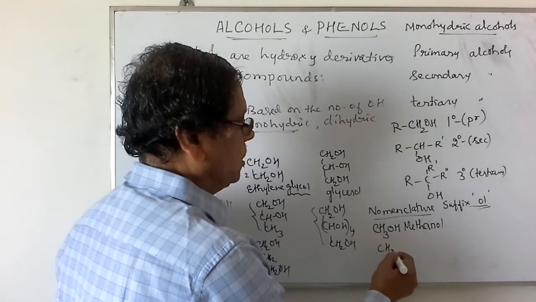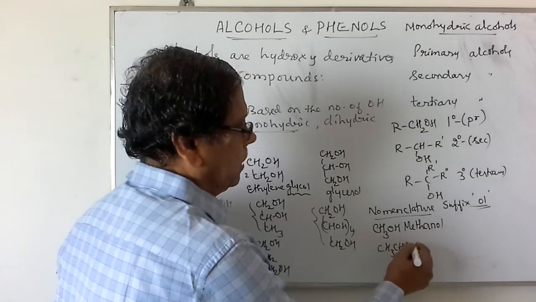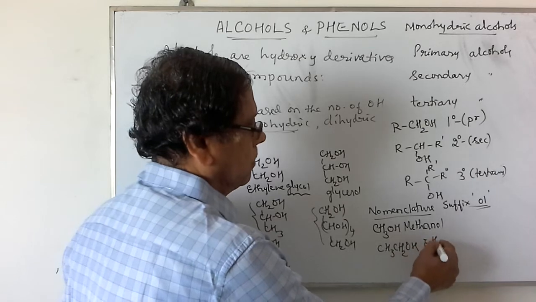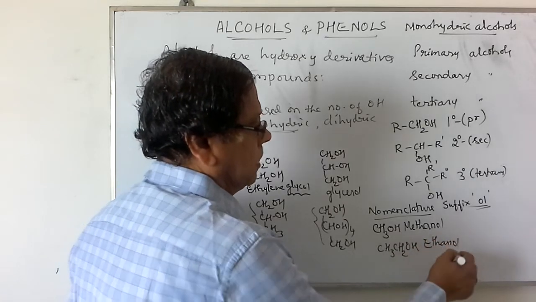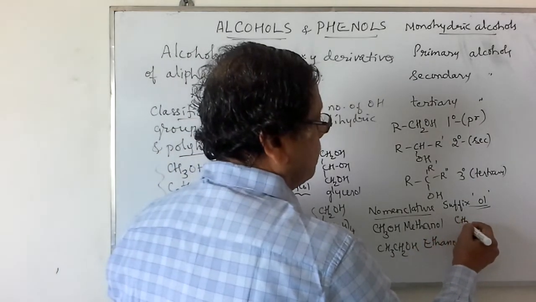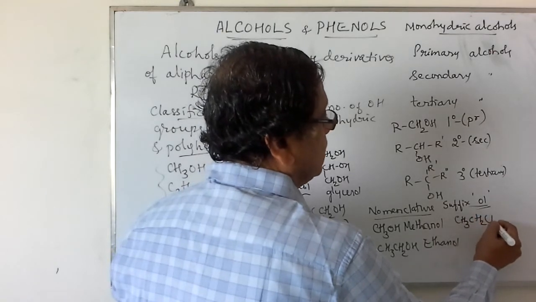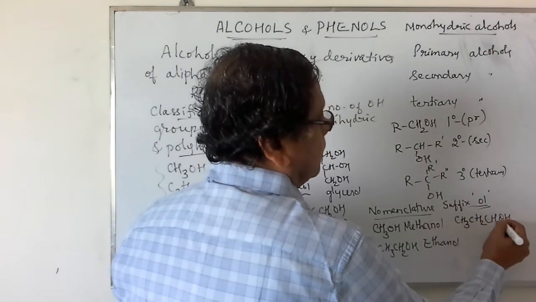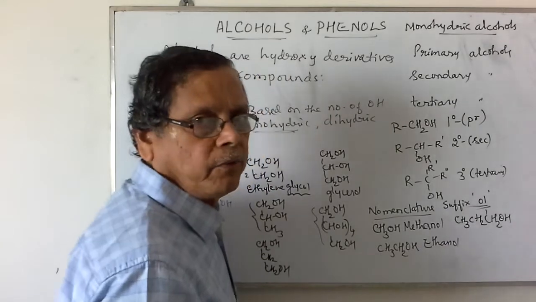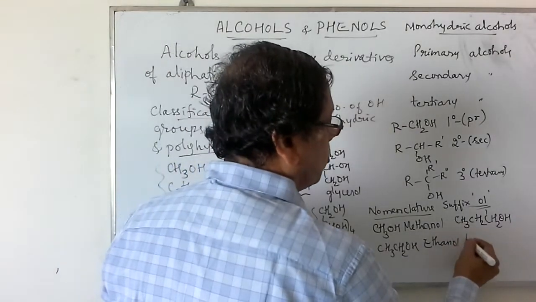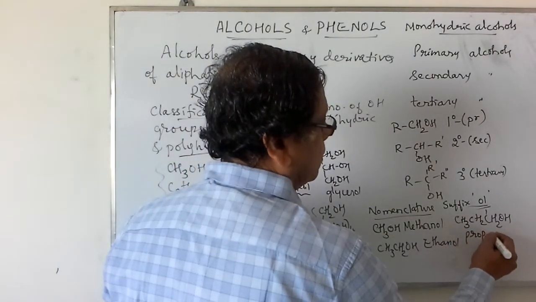CH3CH2OH is ethanol. CH3, CH2, CH2OH, this carbon given number 1, that's why it is propan-1-ol.